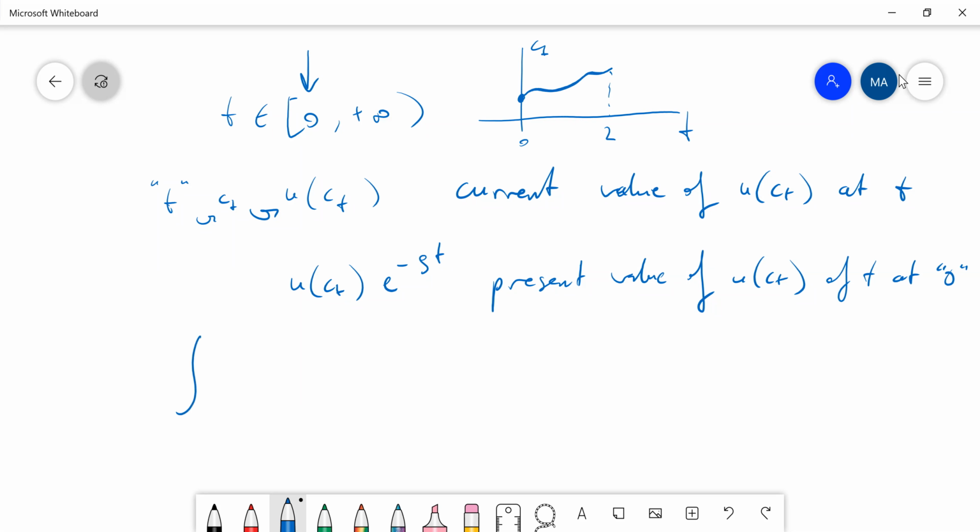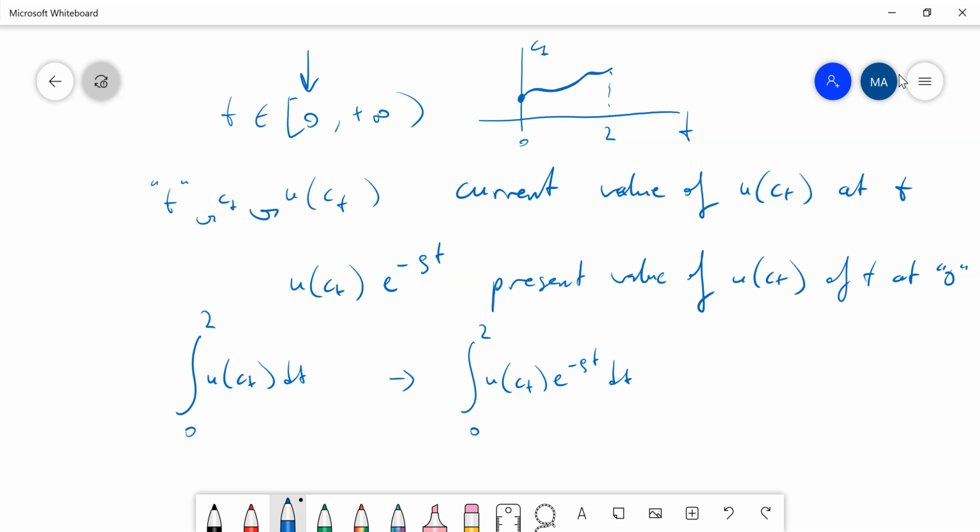Now, if you compare this to this, this one is more realistic in the sense that people are impatient and they want to consume today. Otherwise, if they are not consuming something, and if they're accumulating something, then this must bring them some additional value from somewhere. Okay? So that's the notion.